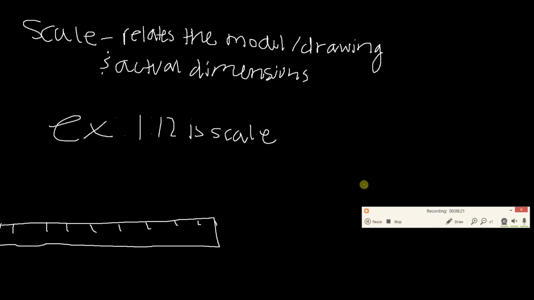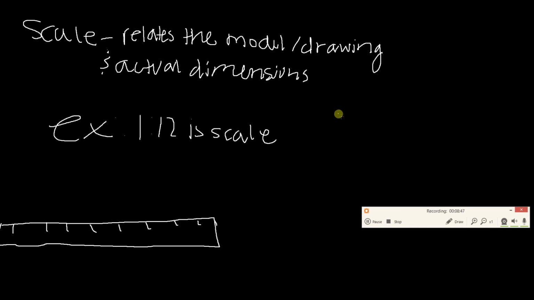Okay, we've talked about scale model, and we've also talked about scale drawing, but we haven't really discussed what a scale is. A scale relates the model or drawing to the actual dimensions of the object. So let's say it's 1 to 12 inches, and that's the scale, right? So 1 inch on the paper represents 12 inches of the real object.